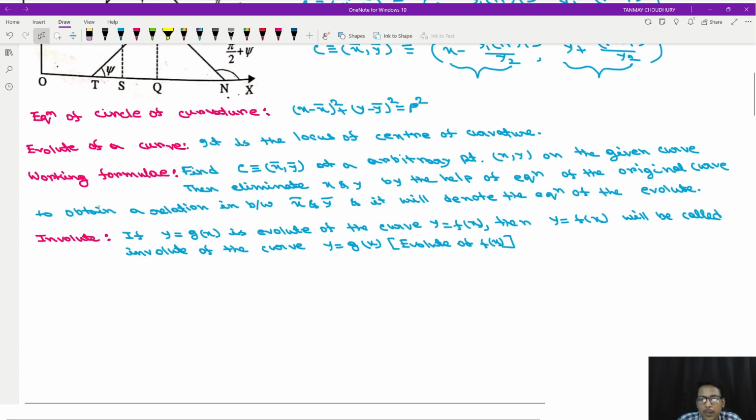So now we'll discuss a few problems where we'll learn how to find out the equation of evolute. So let us consider the examples one by one.